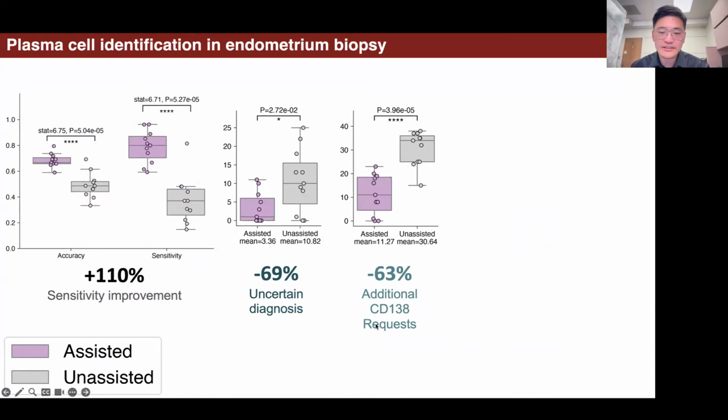Additionally, there are a lot fewer additional CD138 requests. Requesting immunohistochemistry may introduce up to 1 day of additional turnaround time. So given the AI model, we can greatly reduce the turnaround time and eventually introduce a better diagnosis.